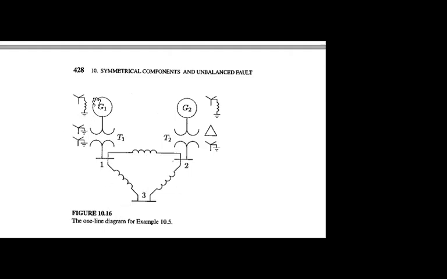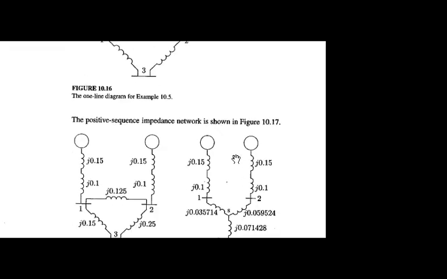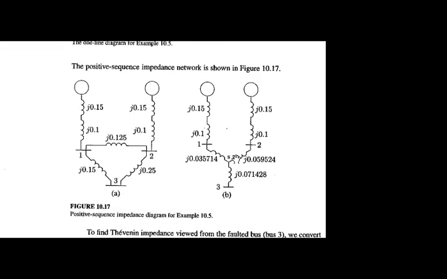Actually, ground will be there: from ground to 2, ground to 1 and 3. So you can determine Z bus from that single line diagram based on your earlier concept.